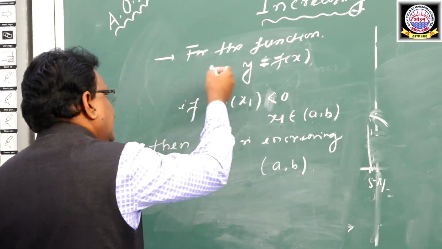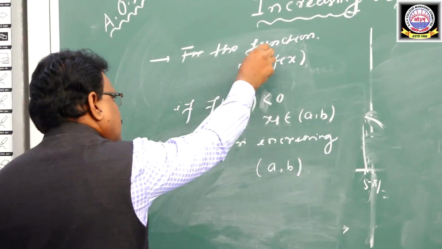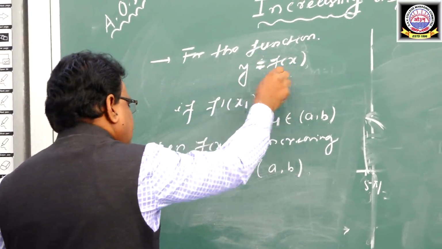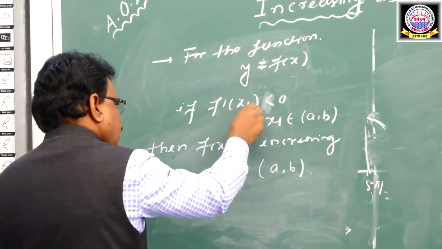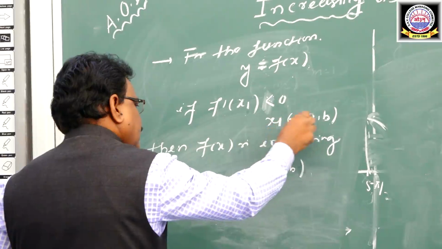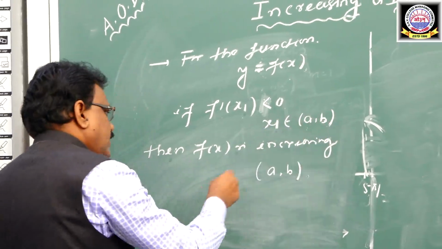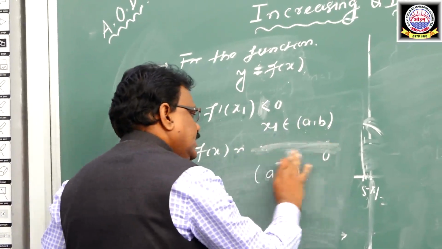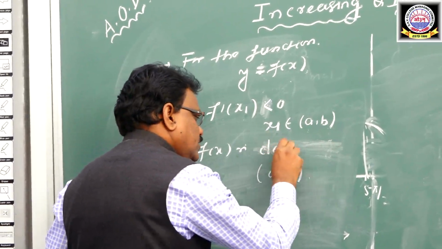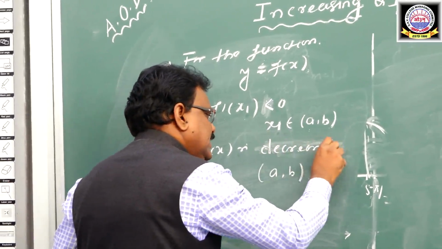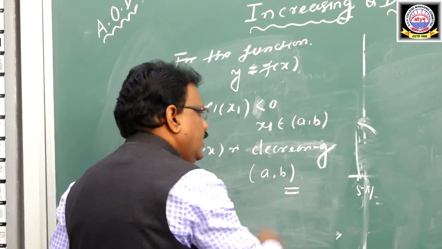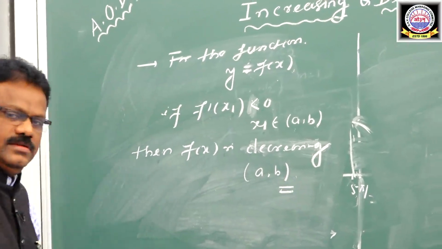Once again I am telling, for the function y is equal to f of x, if f dash x1 less than 0, x1 belongs to a comma b, then the function is called decreasing in the interval a comma b.